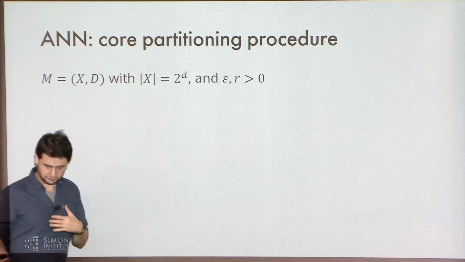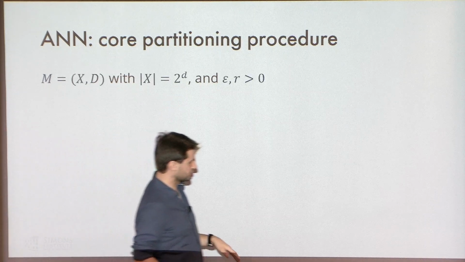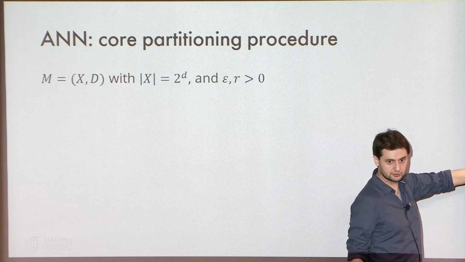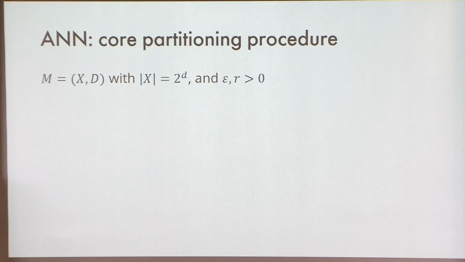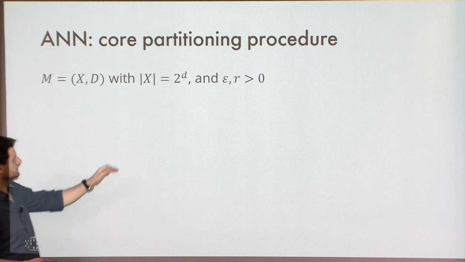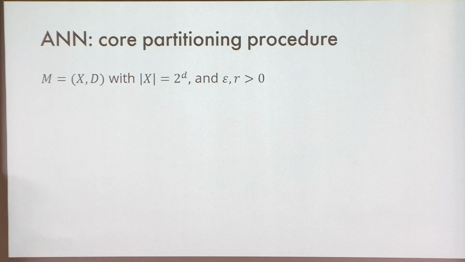For norms, you start, of course, with a set which has infinite size, but you can discretize and do dimension reduction so that you really have to consider a finite space X.